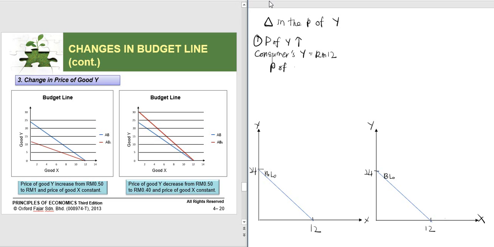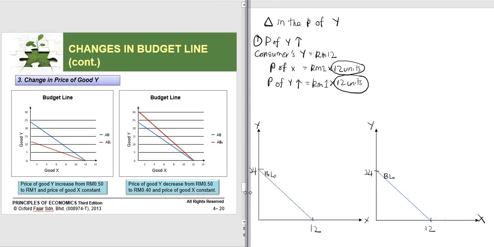The price of X is constant at RM1. It doesn't change. And the price of Y increases from 50 cent to RM1. So now the price of X and Y is the same. So the maximum amount of X that the consumer can buy is 12 units, and the maximum number of Y that the consumer can buy is also 12 units. So 12 units of X and 12 units of Y.